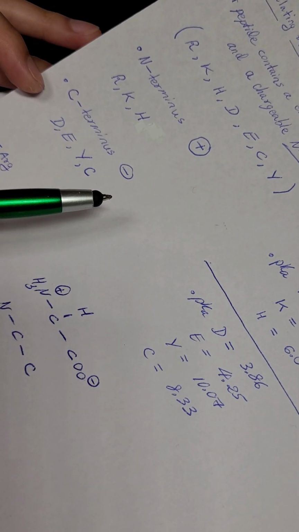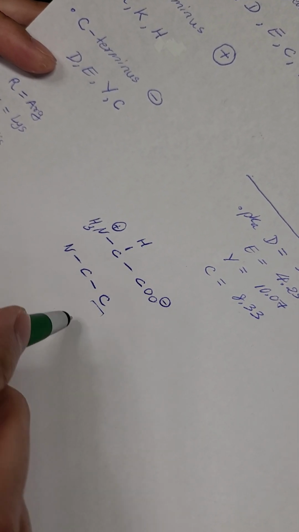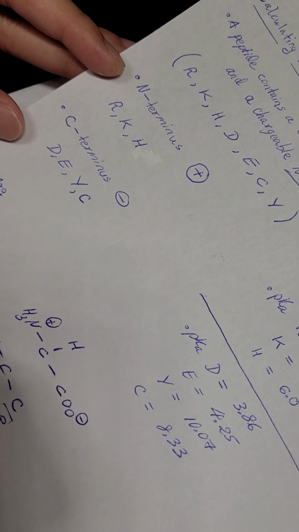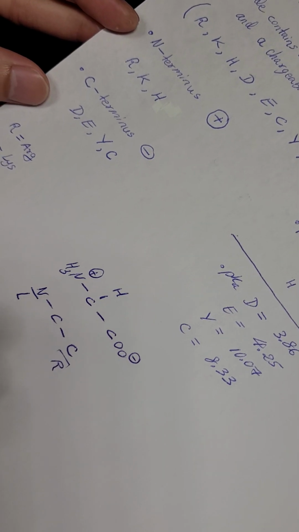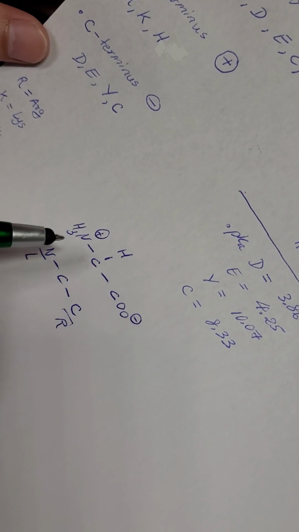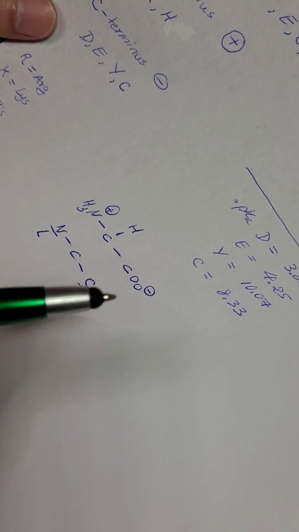C-terminus is negative, and it will be on the right side. N-terminus is always on the left side, or you can flip, but hope you didn't get the chart wrong when you calculate. N-terminus contains positive charge. C-terminus contains negative charge.